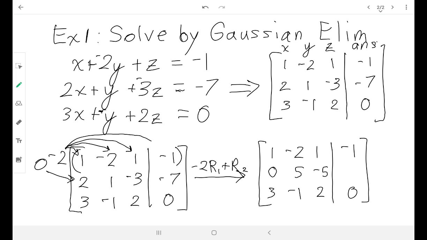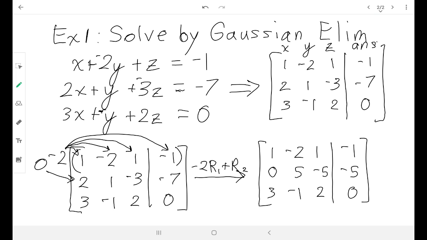And then finally, I multiply by the answer. Negative 2 times negative 1 is positive 2, and positive 2 plus negative 7 gives me negative 5. So now I've got a new matrix with a 0 in the right place.